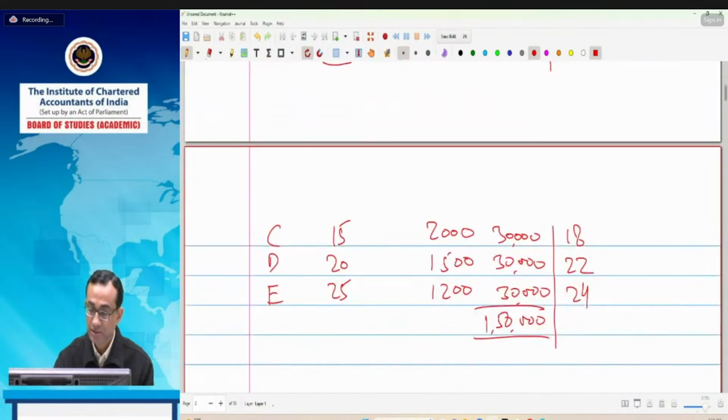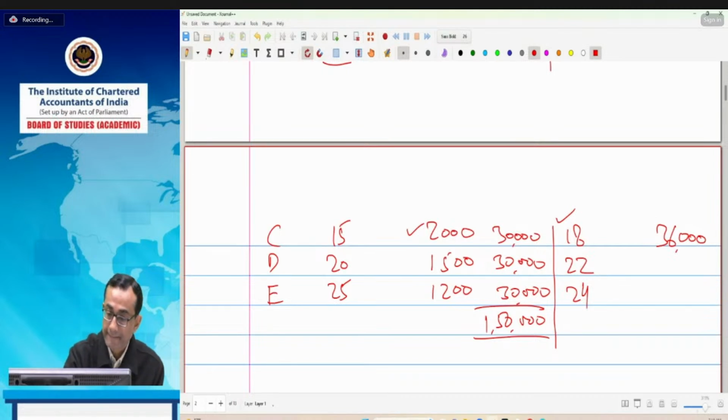Let us calculate the total investment value on day 2 of stock C. So it will be 2000 multiplied by 18. So it will be 36,000. And in case of D, it will be 1500 multiplied by 22.